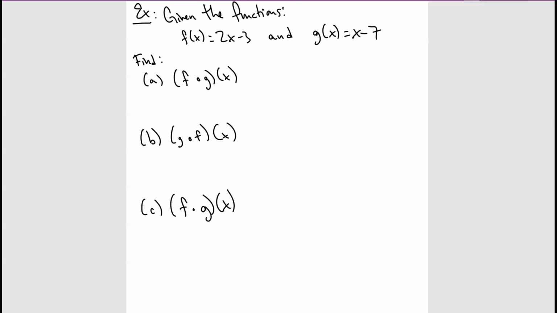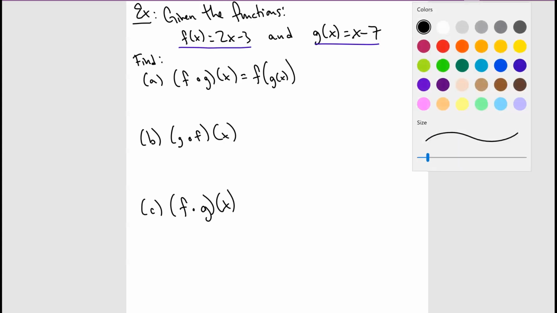So we have these three different problems that we need to do, and we are given f of x and g of x. The first thing we want to figure out is f of g of x. We can rewrite this as f of g of x.